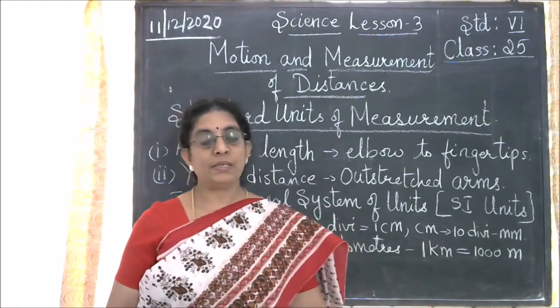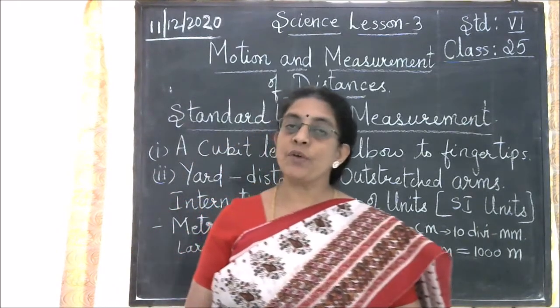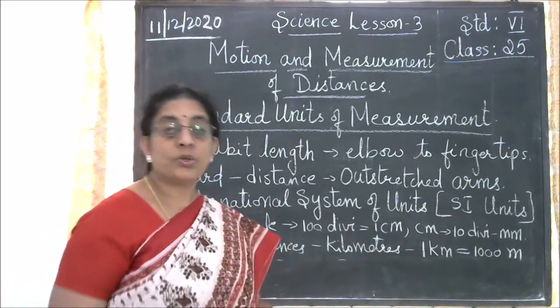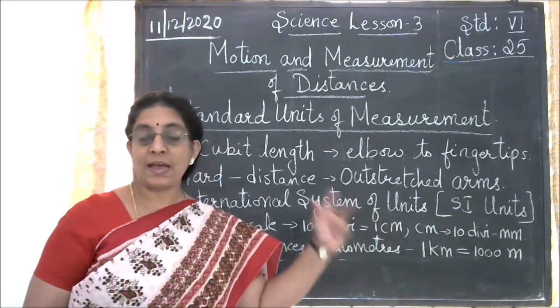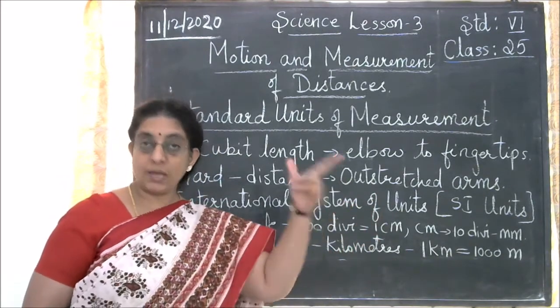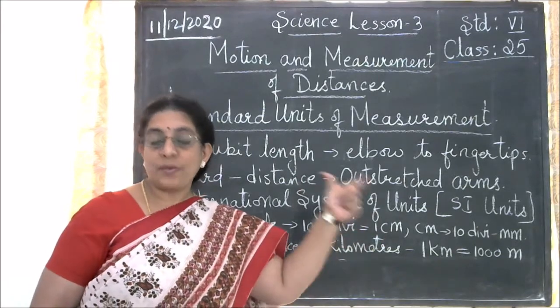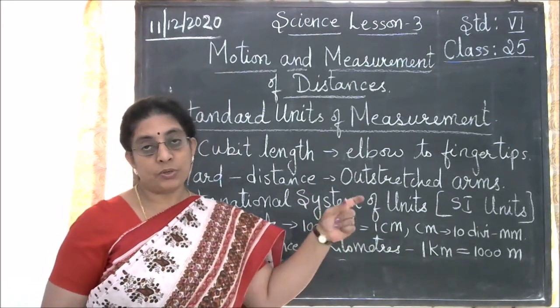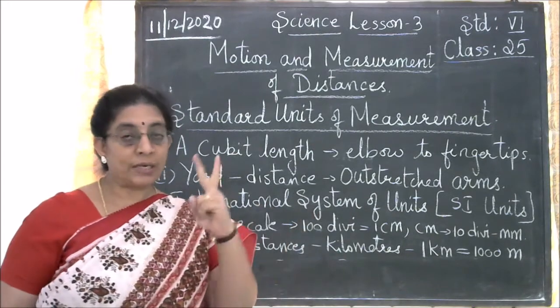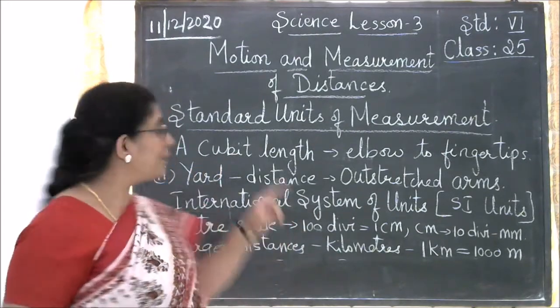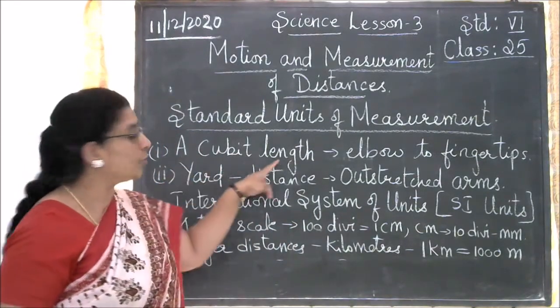Yes, children. Now we'll see what the standard units of measurement are. Because the hand span, the foot, the gilli or the danda gave them wrong measurements, they found out standard units of measurement. One is called a cubit length.